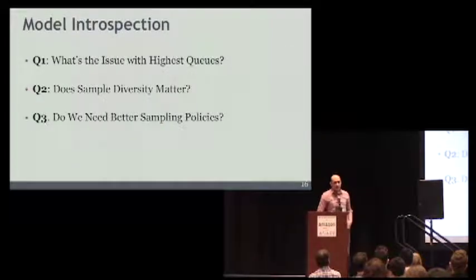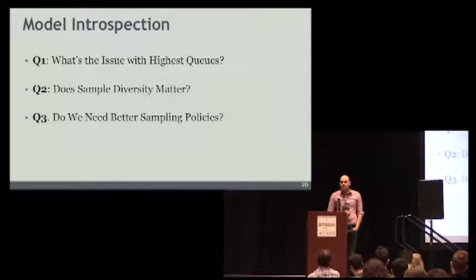We look at 3 questions to understand how this model works in the context of self-training challenges and what the takeaways are. The first question is: what's the issue with the highest queue?